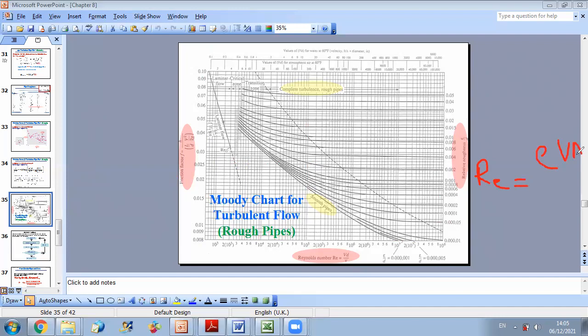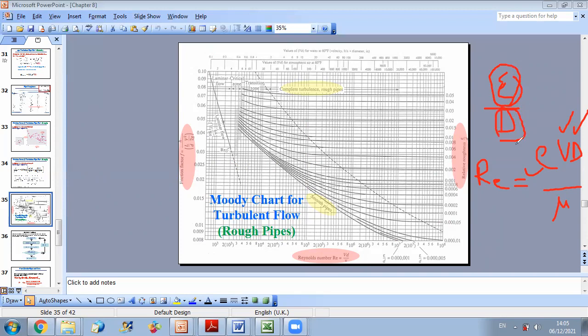To know Reynolds, you should know the velocity and the diameter, and of course the type of your flow. And to know epsilon over d, of course you should know the pipe material, because the pipe material will affect the roughness epsilon, and the diameter of the duct will affect epsilon over d.